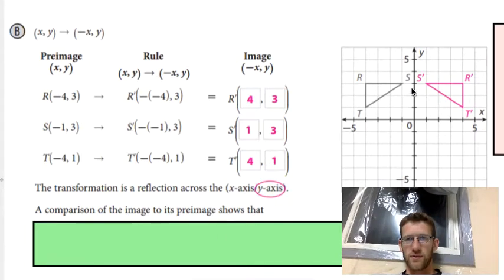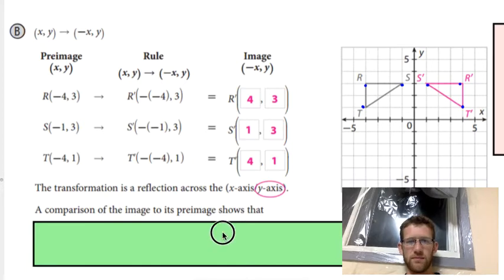So in this case, we're reflecting it over the y-axis. We'll go into more detail on these later. Don't worry about it. For now, you just need to know how to apply these transformations when they're given. So for example, point S became S prime over here, point R reflected over here, and point T reflected over here.